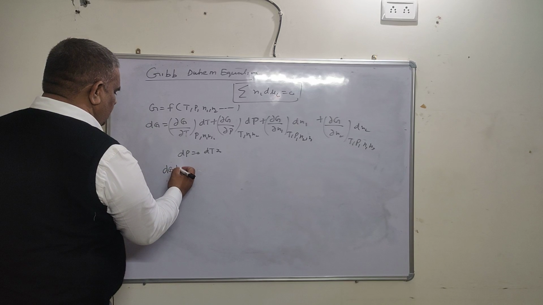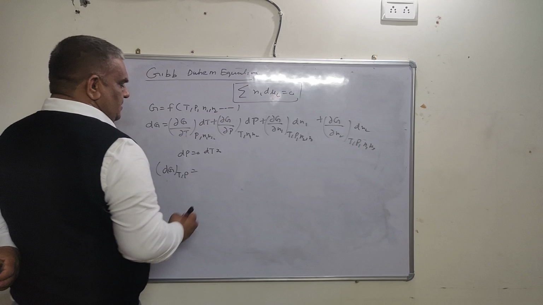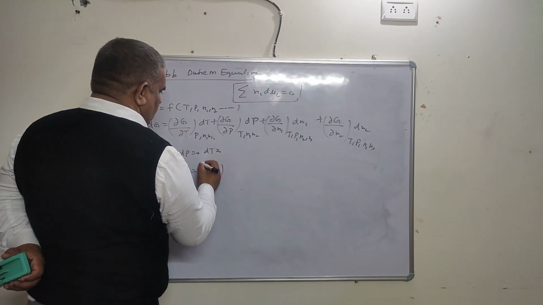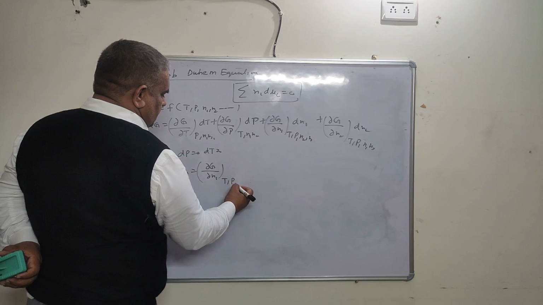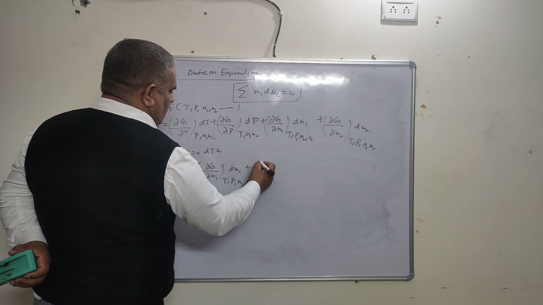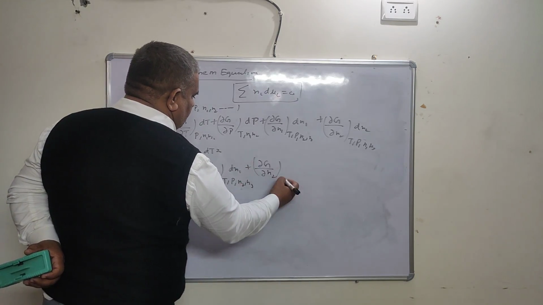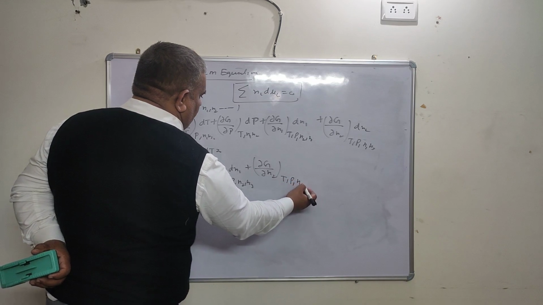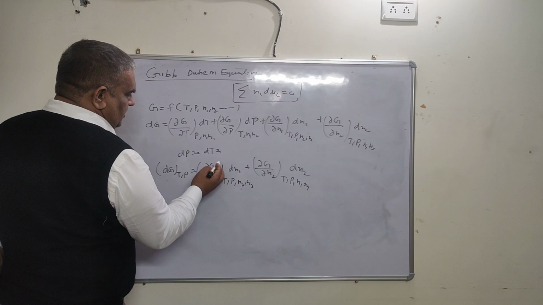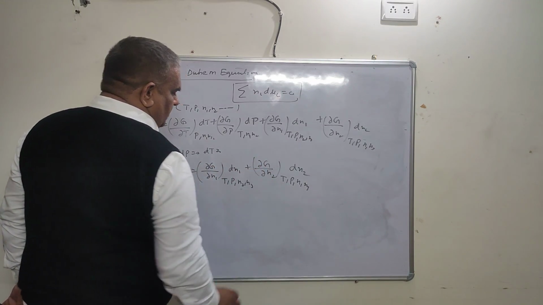So dG at constant temperature and pressure equals (∂G/∂N1) at constant temperature, pressure, N2, N3, dN1, plus (∂G/∂N2) at constant temperature, pressure, N1, N3, dN2. This is mu1, the chemical potential of component 1, and this is mu2, the chemical potential of component 2.